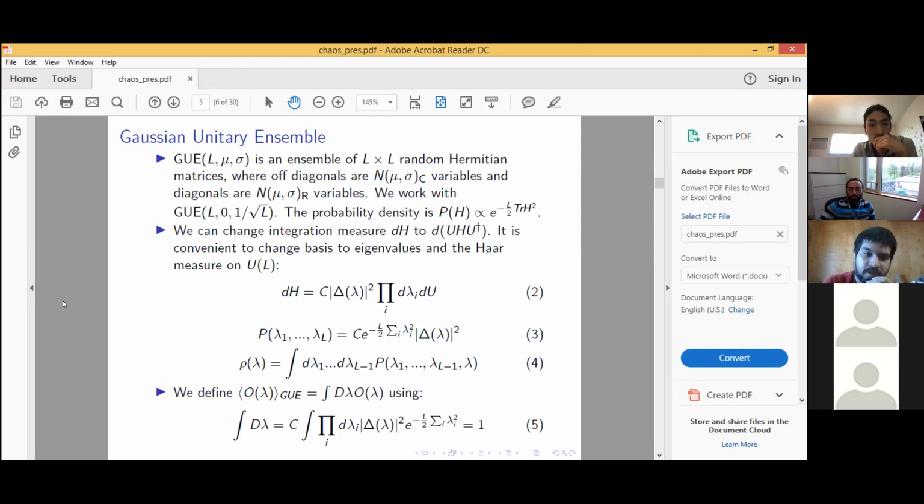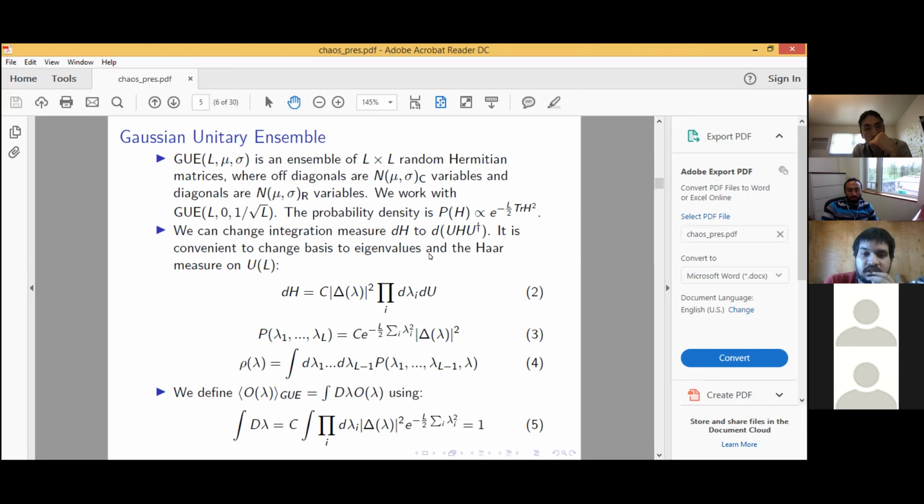In mathematics, it's common practice to take sigma equal to 1, but it turns out that the eigenvalues will scale with the energy. So we choose the following normalization for the variance. We take mu as 0 and sigma as 1 by root L. And in this case, it turns out that the eigenvalues don't scale with L.